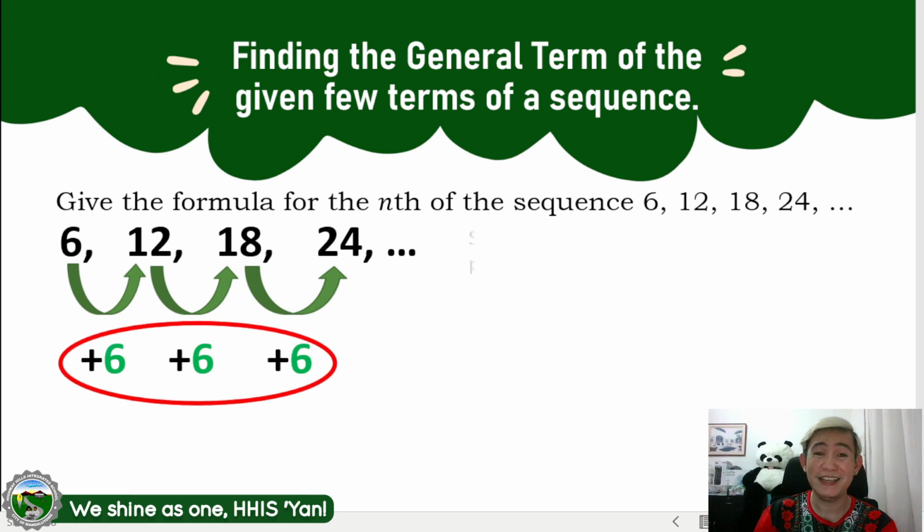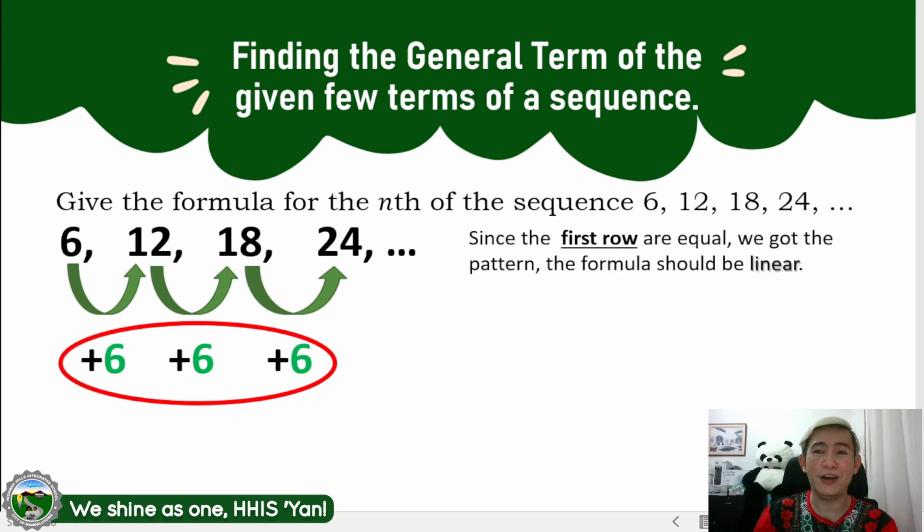as you can see, the first row are equal. So we got the pattern. So the formula should be linear. So the short way is to use a multiplication expression, and that is a sub n is equal to 6n.